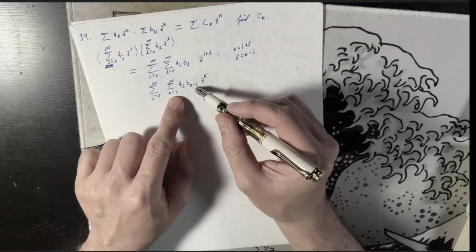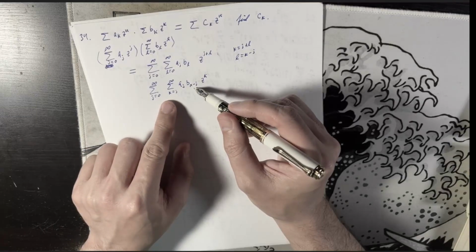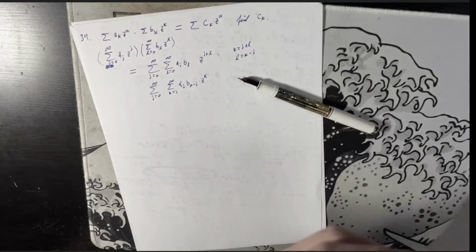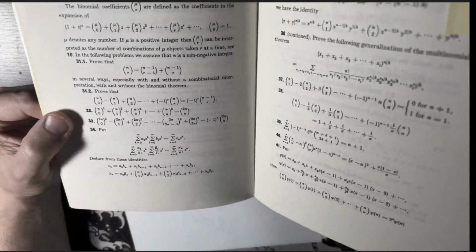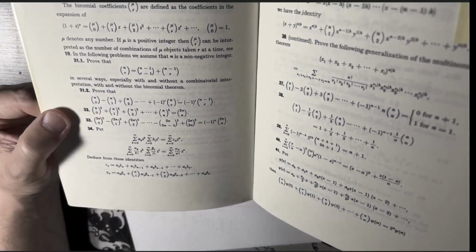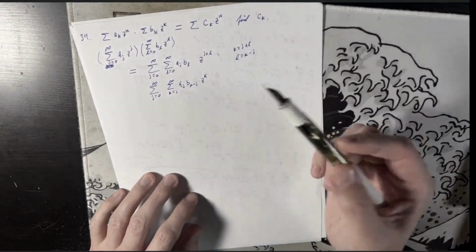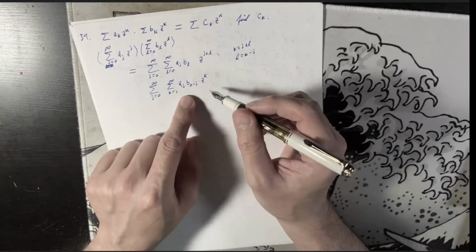So starting at j, you get b_0. Were these not finite series? Oh, you just want the nth. Yeah, I see. They're not finite, but we're only going to take a finite number of terms.